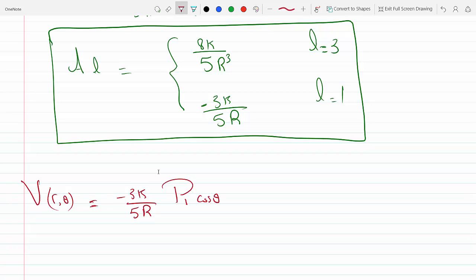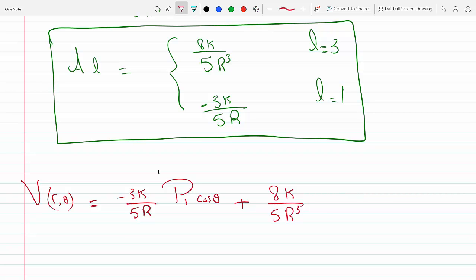which made sense because anyways, on the boundary condition on the surface of the sphere, we only had a Legendre polynomial that was the summation of 2 polynomials. So that's the first one, plus now if L is 3, the second term of the summation is 8k over 5R cubed, right?